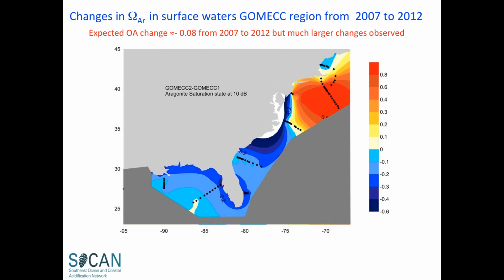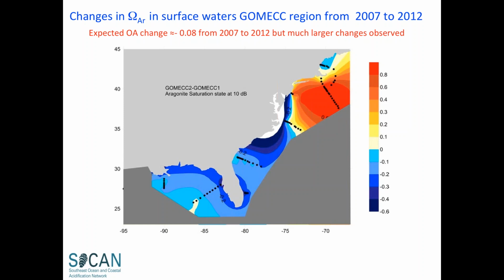In New England, I think it's probably because they had a NECAN effort going, they managed to improve the saturation state by almost half a unit. I'm being facetious here, but it is. But I think the big take-home message from this is that we see large changes over a fairly short time span, which are not directly related to the pure definition of ocean acidification.